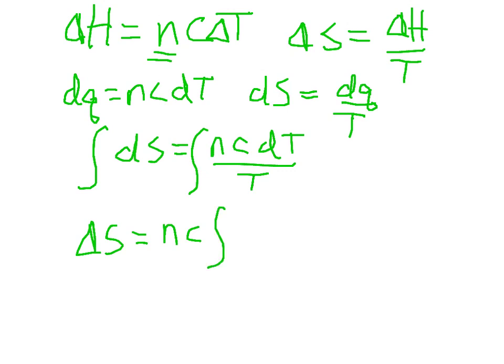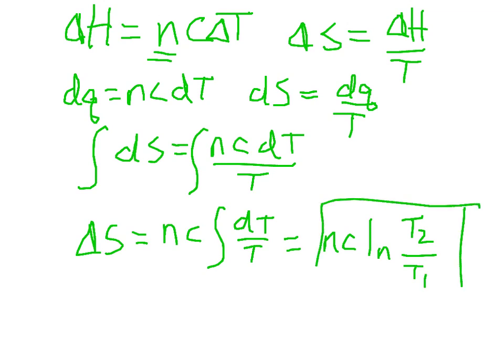So that becomes nC times the integral of dT over T. And you calculus fans know that the integral of dx over x is the natural log of x. So the right-hand side becomes nC times the natural log of my upper limit, T2, divided by my lower limit, T1. So then I get ΔS equals nC ln(T2/T1).